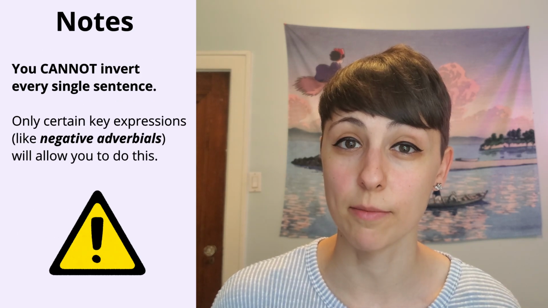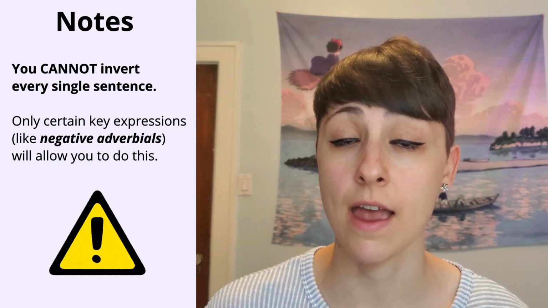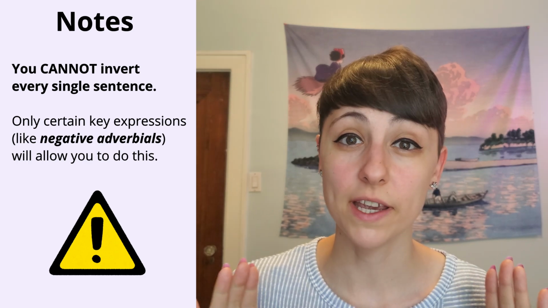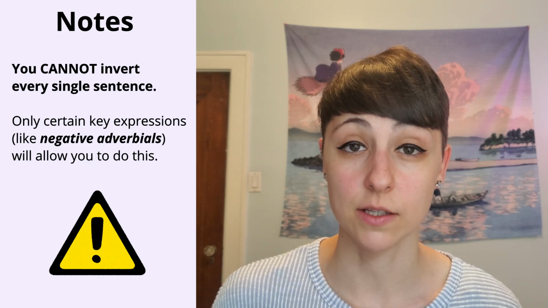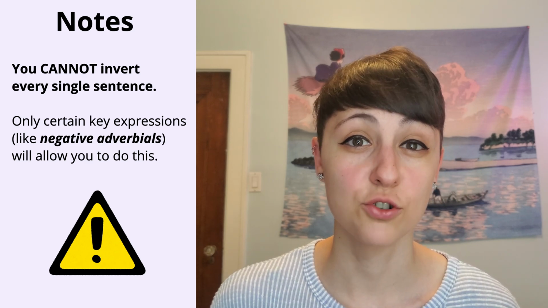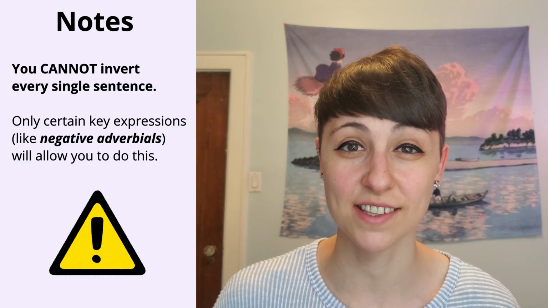The important thing to remember is you cannot invert every single sentence. We can only use this inverted form with certain expressions, certain trigger words. So let's take a look at a handful of these expressions.